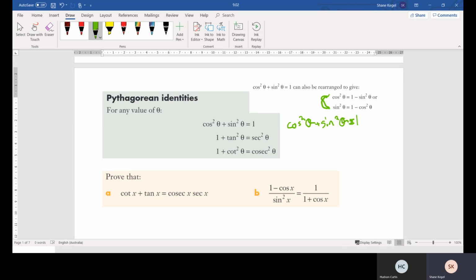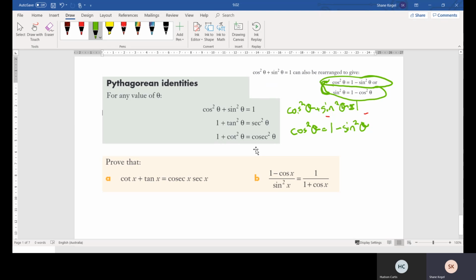So if I wanted to find cos squared, I'll just take sine squared from both sides. So I'd have cos squared theta equals 1 take sine squared theta. So that gives me the first one. Or if I wanted to find sine squared, I'll just subtract cos squared from both sides, and that will give me my second.